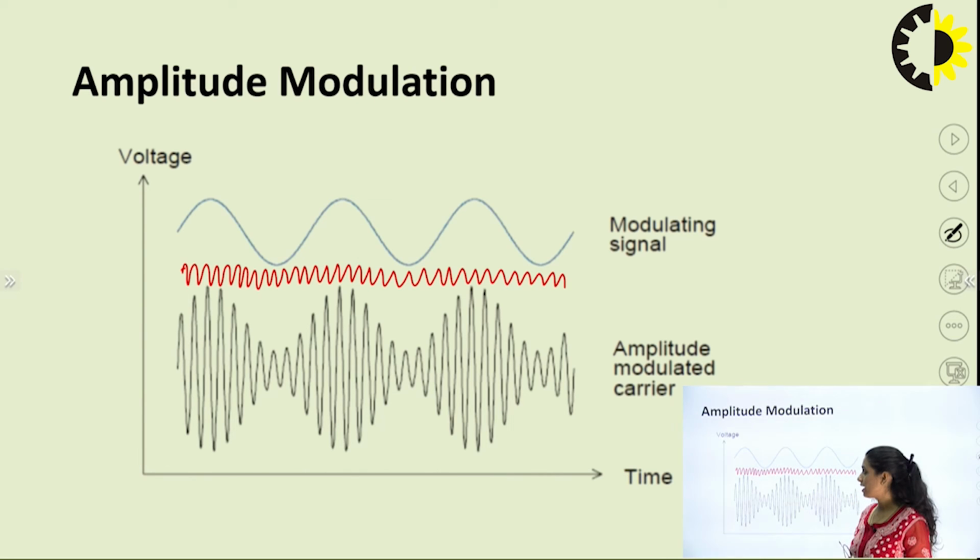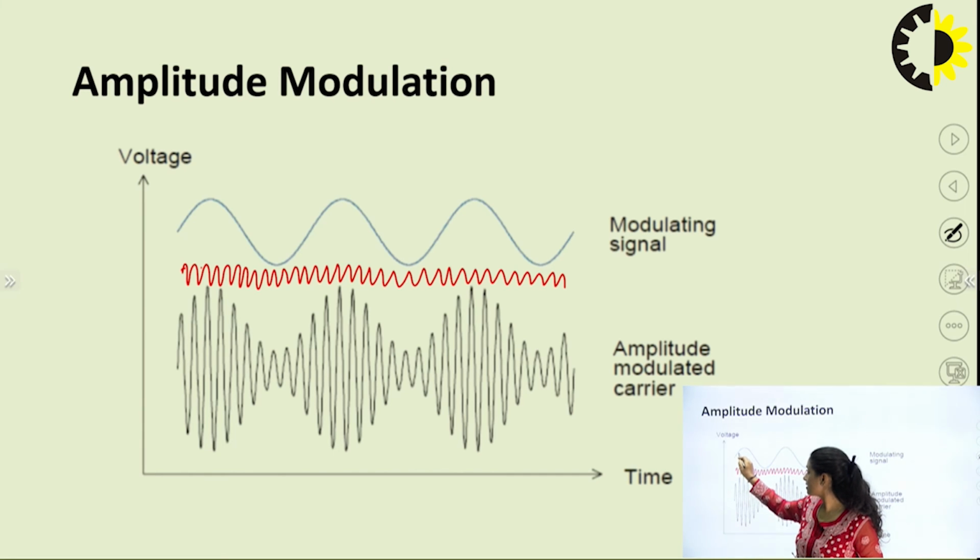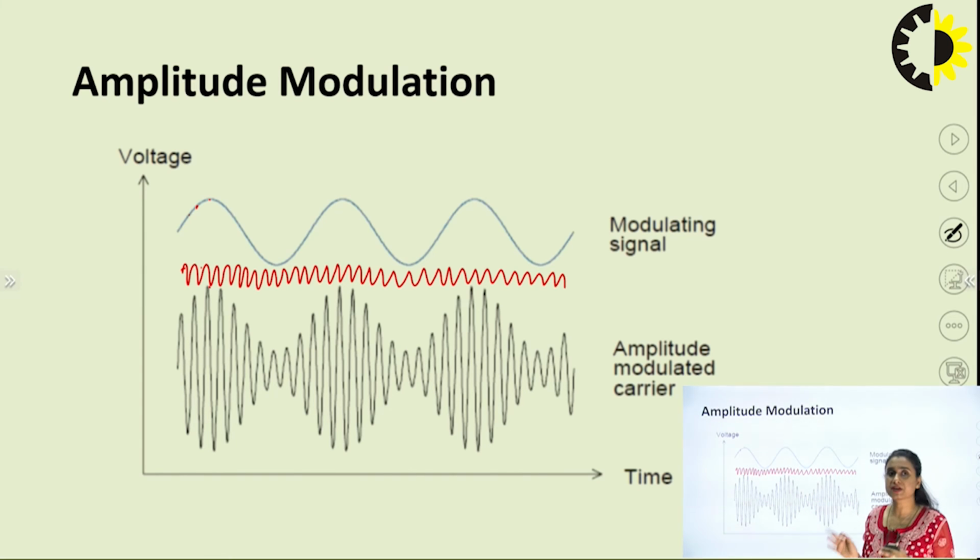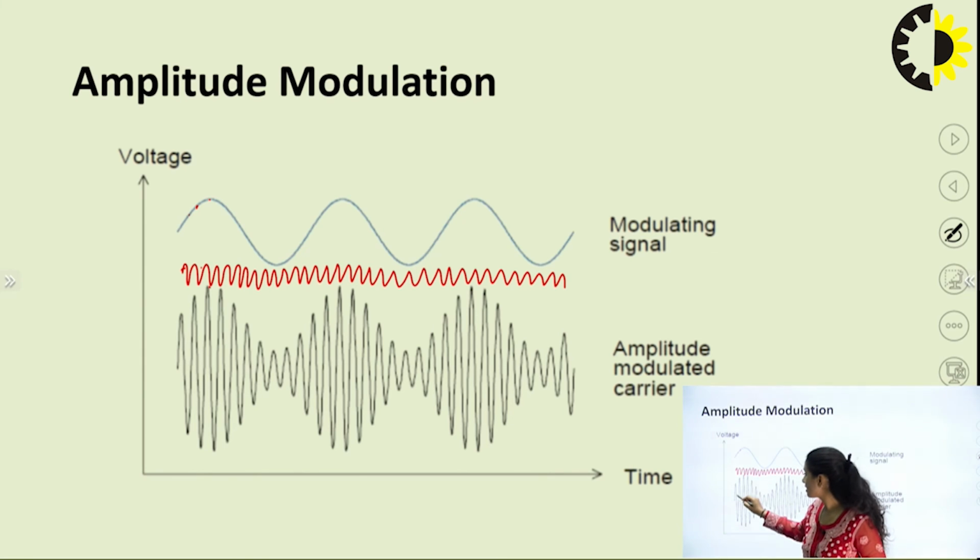I have tried to change the amplitude of this carrier wave with respect to the amplitude of my message signal. Then what is observed? With increasing amplitude of my message signal, the amplitude of the carrier wave is increased, whereas phase and frequency remain intact, the same.